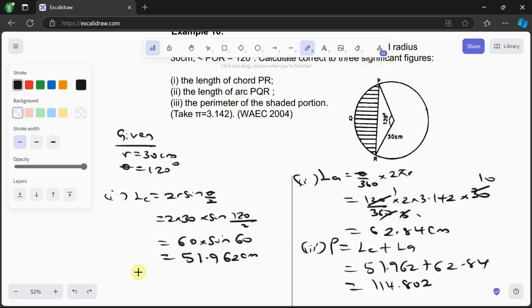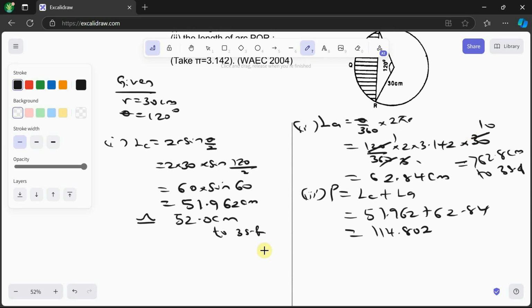So this one here would be approximately 52.0 centimeter. This would be 62.8 centimeter to 3 SF. And our final perimeter, three significant figures, 1, 2, 3, would be approximately 115 centimeter, to 3 SF too.